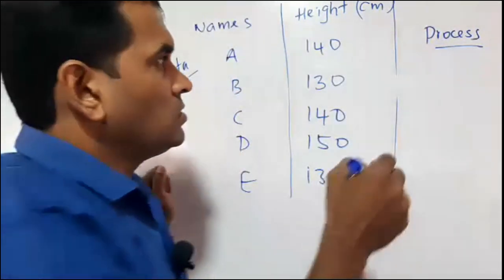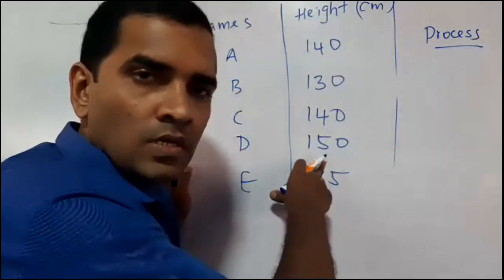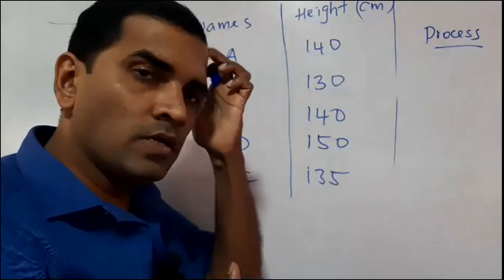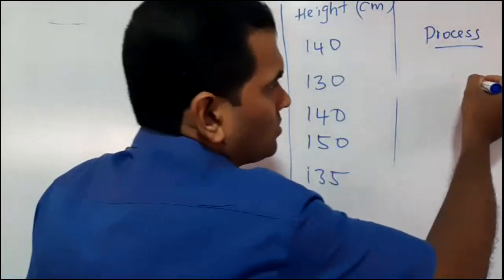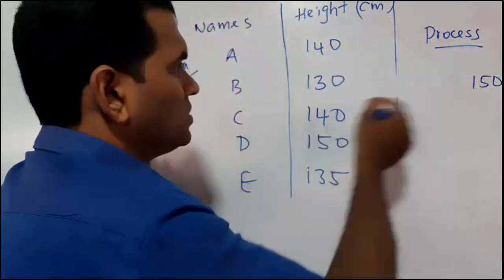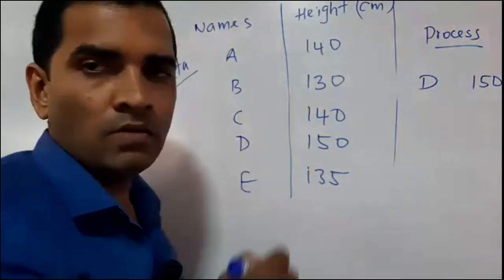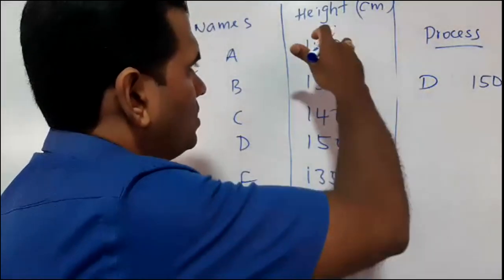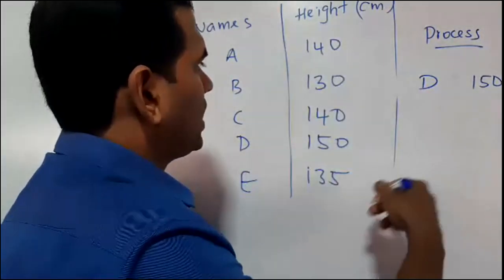Look. So now look here, 150 is the highest number. So it must be on the top. So I'm writing the table again. This is 150. So who is it? It is D. So D 150. Then there are two students in 140.